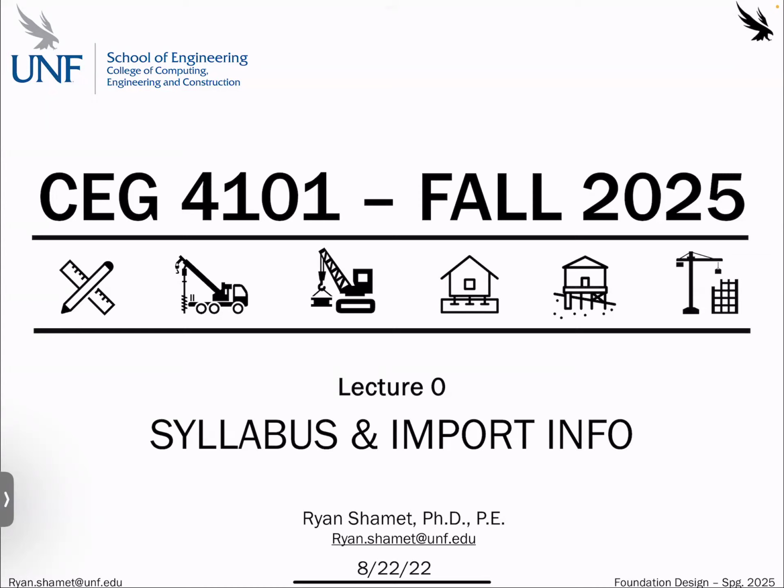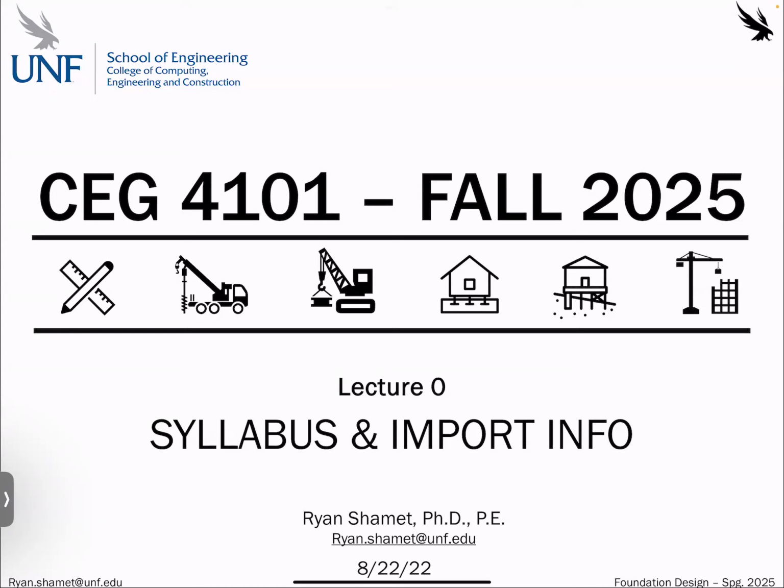The best way I can describe this class is like a geotech part two. We're going to go over some of the specific goals and learning objectives in a little bit. But geotech is such a big, diverse topic that we can't cover it all in CEG 3011, the first class.